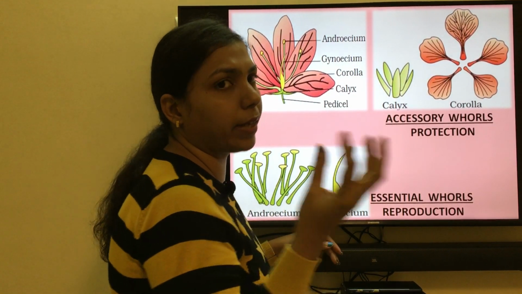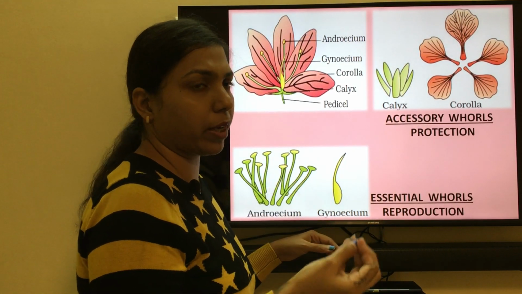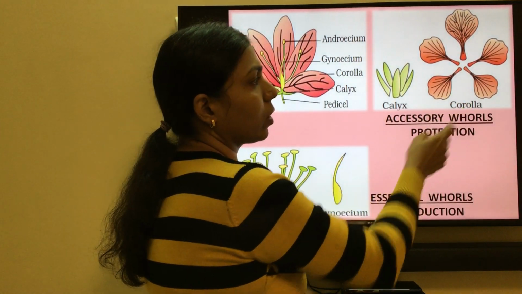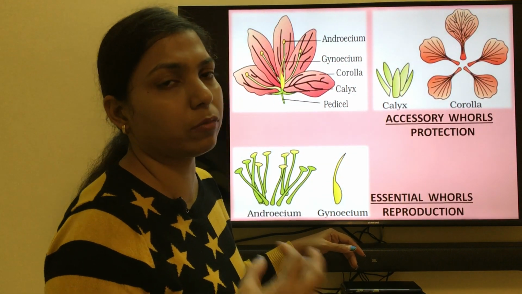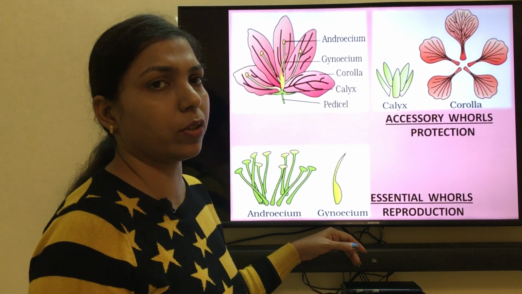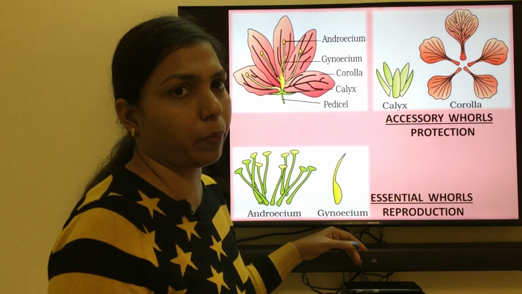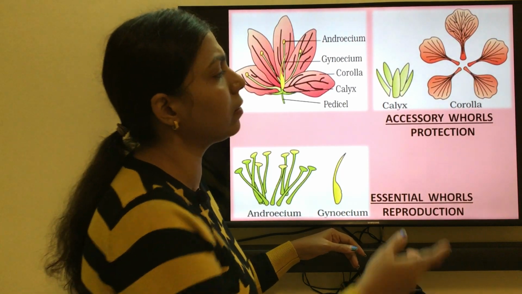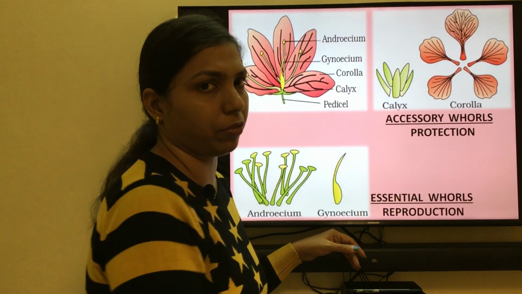The calyx takes care of the flower, protects the flower in the bud condition, and the petals or the corolla help in the attraction of insects and other organisms to the flower. So they are not directly associated with the process of reproduction, they are just indirectly helping. Hence they are called the accessory whorls of the flower.